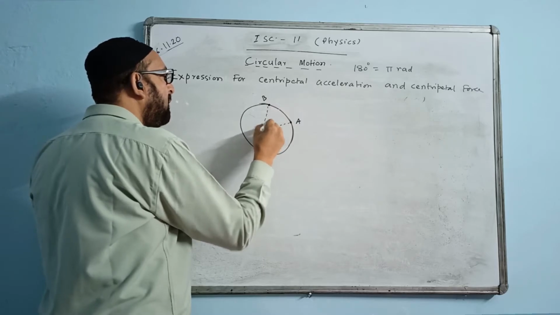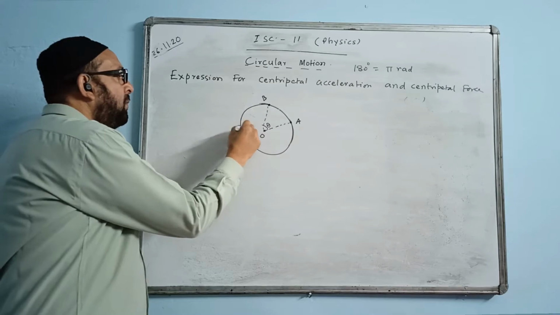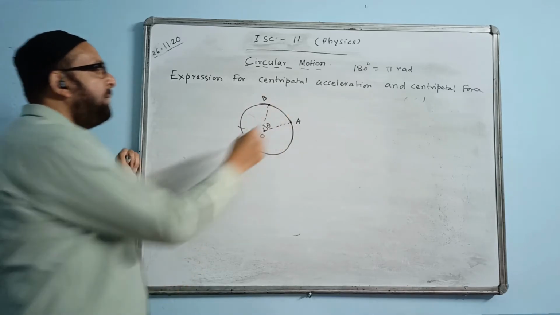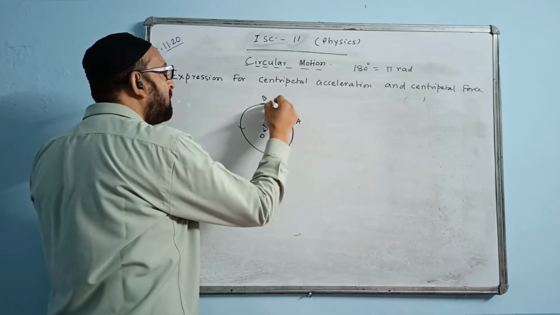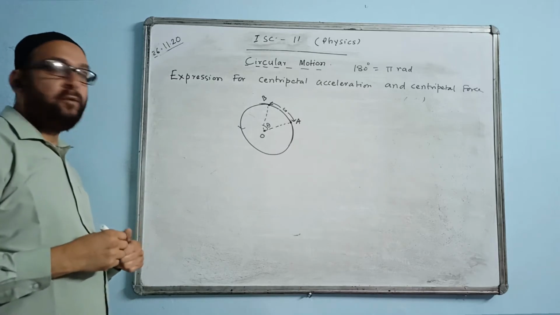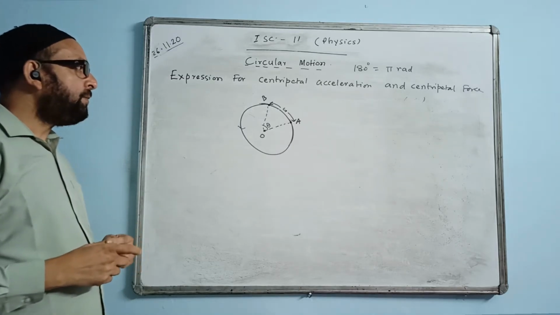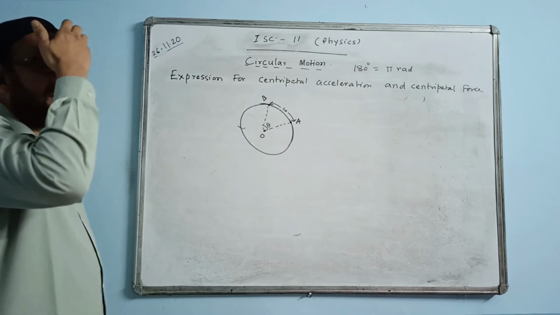This angle is theta. This AB will be the value of S, the arc A to B. The acceleration direction is towards the center.